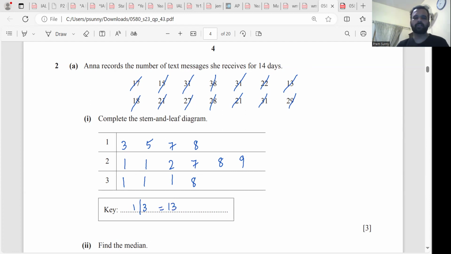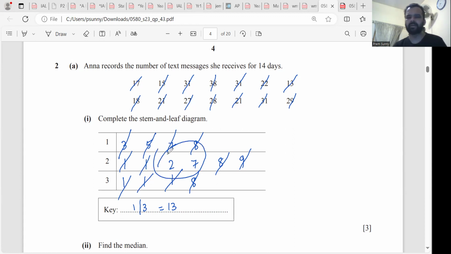So we are done with the first part, and the second part is to find out the median here. So let's check what the median is. How do we find out the median? You can cut the first term, the last term, second, second last, third, third last, fourth, fourth last, and then you keep cutting, and then you will be getting two numbers in the middle.